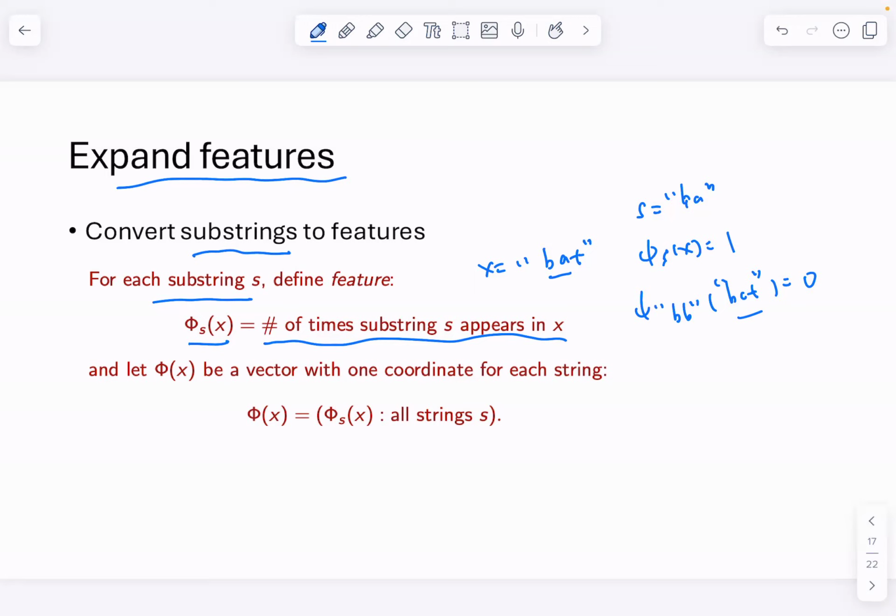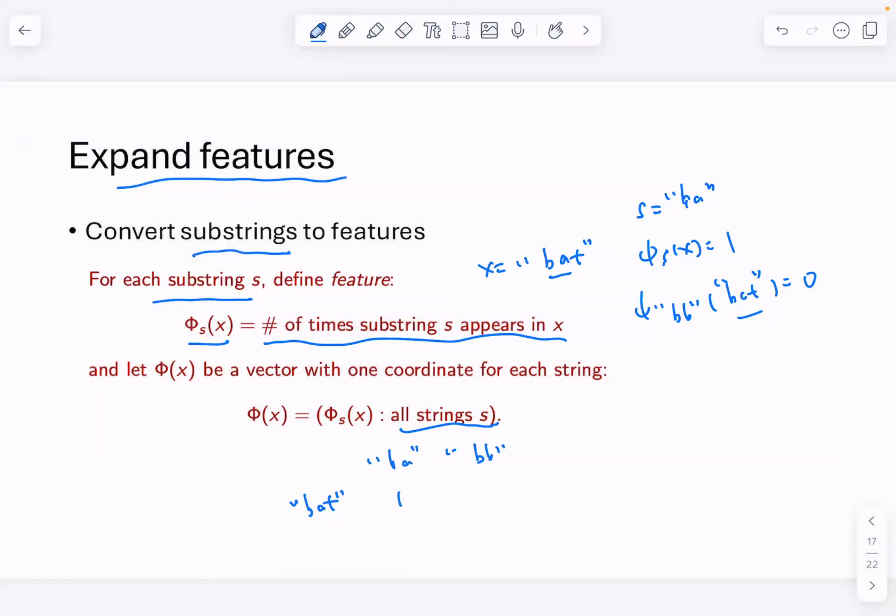Because if we find all substrings, then we can convert the word bat to a vector. For example, if our substrings are BA, as we mentioned before, and BB, then what would be the features of the word bat?